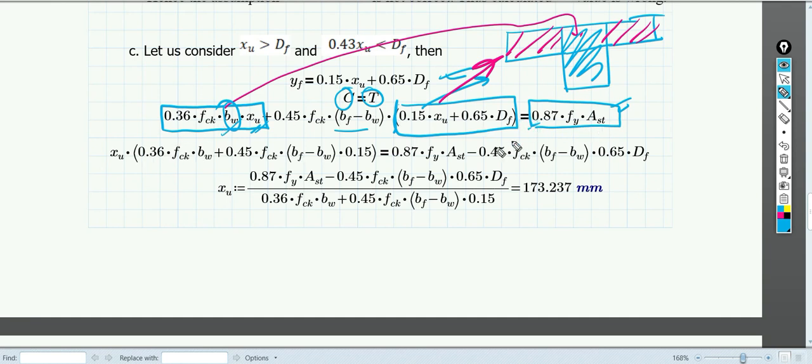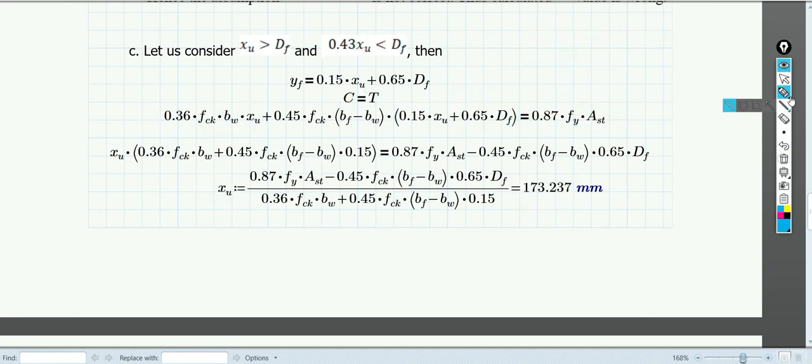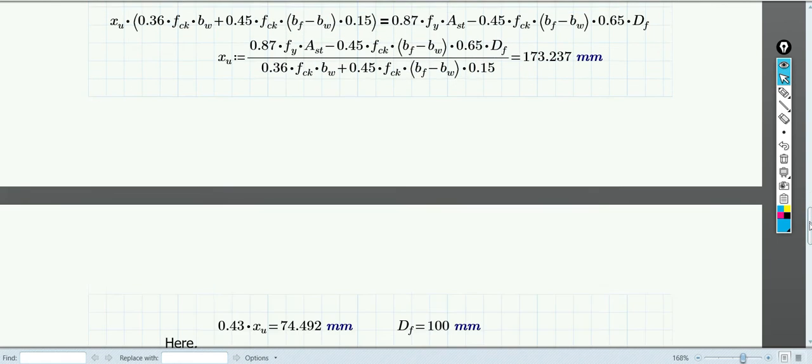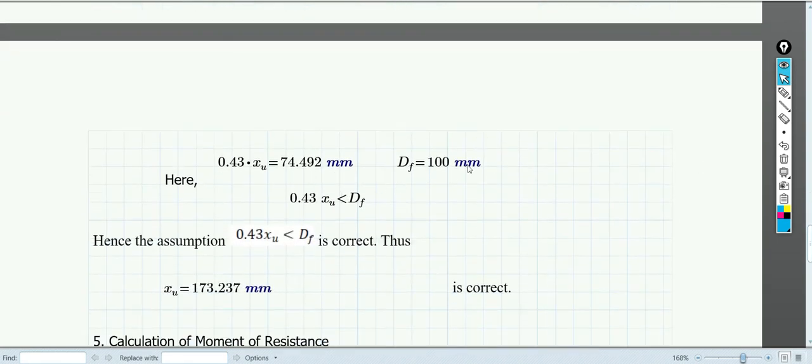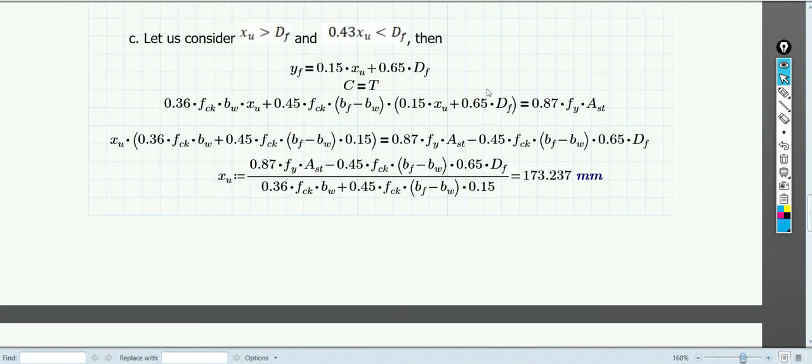Now if you solve it for Xu, it comes out to be this one. You can solve it, I think no need to show it. You can see over here the value of Xu comes out to be 173.237, so 3/7 Xu is 74 and Df is 100, and our assumption was basically that 3/7 Xu, that is 0.43 Xu, is less than Df.